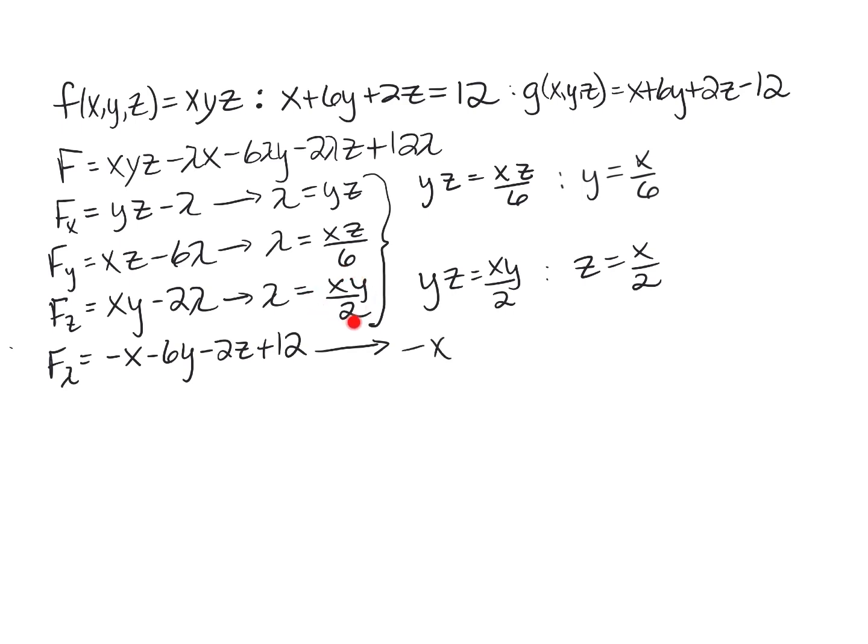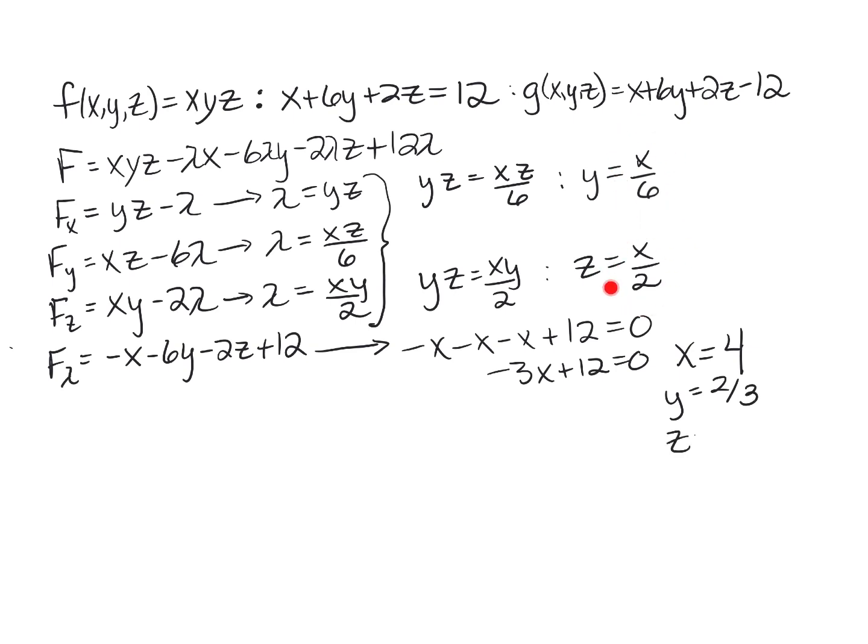But we know that xy over 2 also equals lambda, right? But I'm going to take these things, plug them into my constraint, and I get this equation. So x equals 4. Y will equal 2/3. Z will equal.